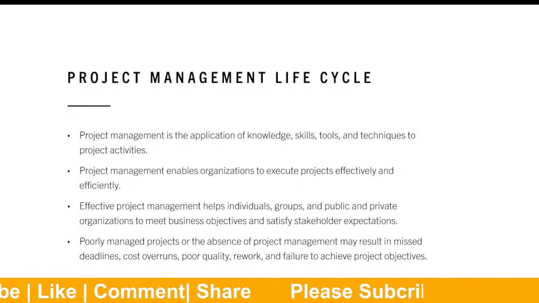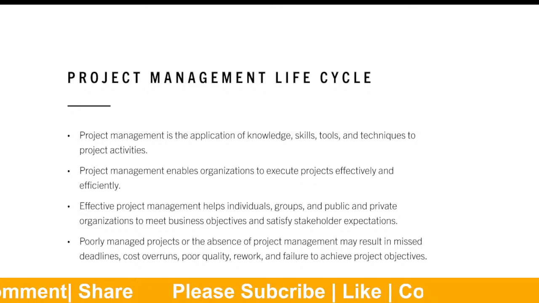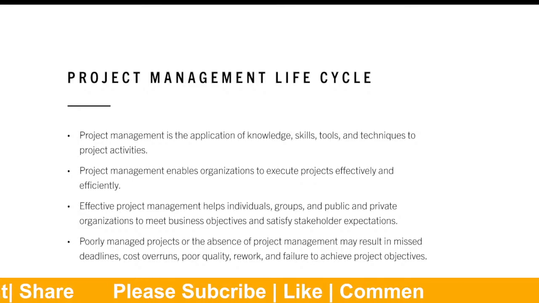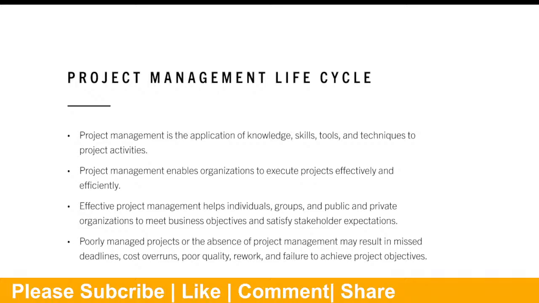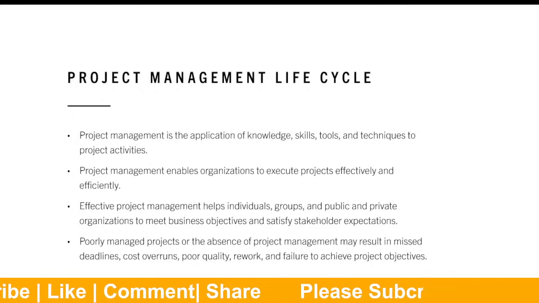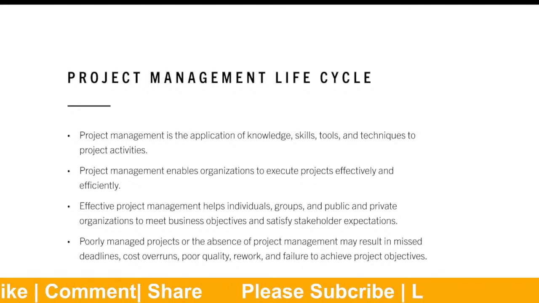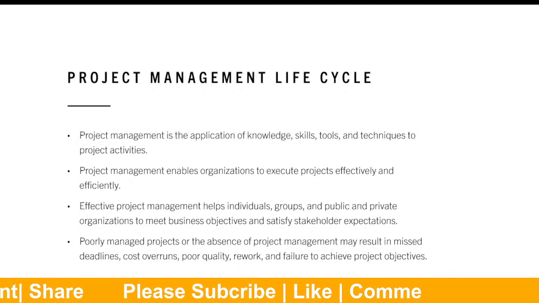Poorly managed projects or the absence of project management may result in missed deadlines, cost overruns, poor quality, rework, and failure to achieve business objectives.